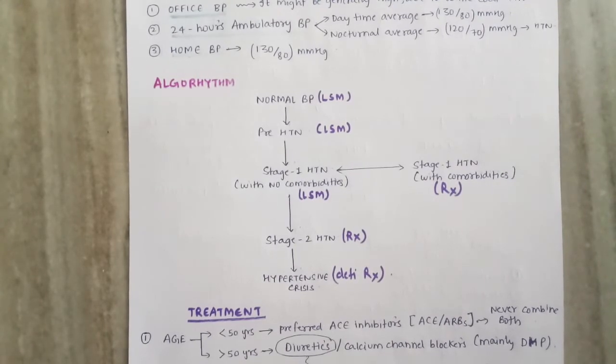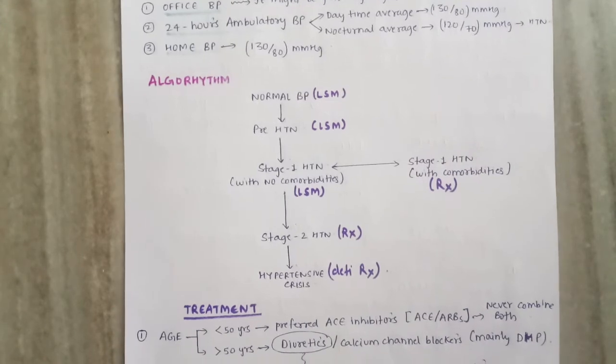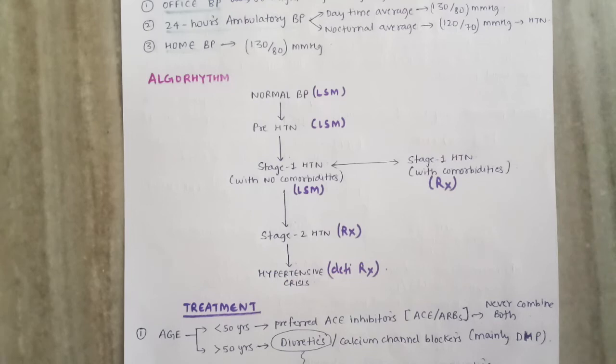But if the patient is in stage 1 with comorbidities like cardiovascular disease or diabetes, we have to go for medical treatment, since lifestyle modification alone will not give an advantage.